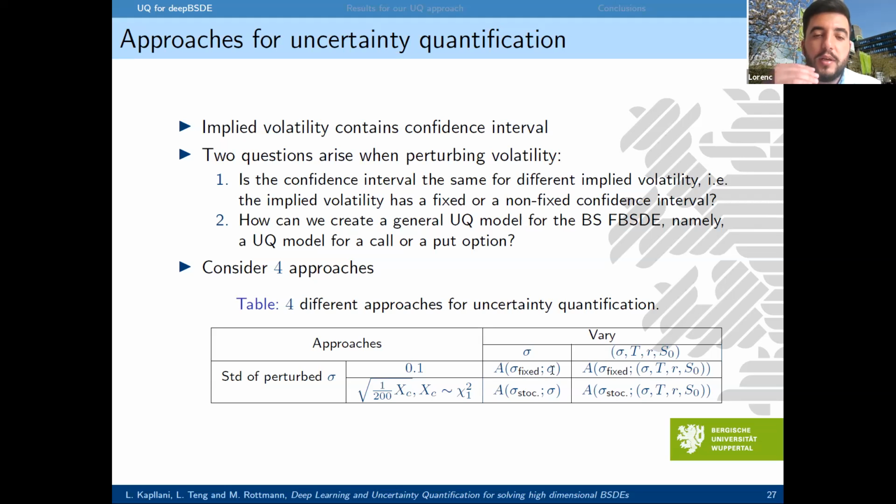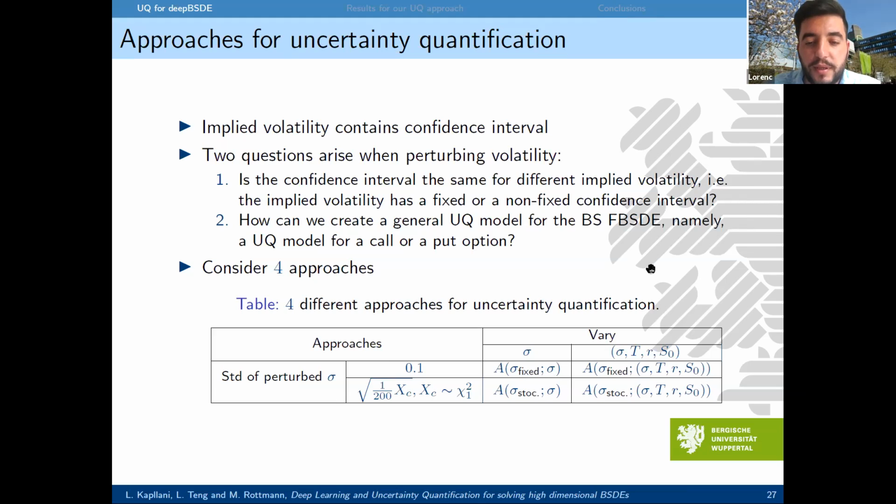We solve a lot of problems where we consider different standard deviations but fix all the other parameters, like the maturity, interest rate, and so on. The other approaches are whether we also vary these parameters. Will this give us much more information for our UQ model or not? And therefore we have all these four models.